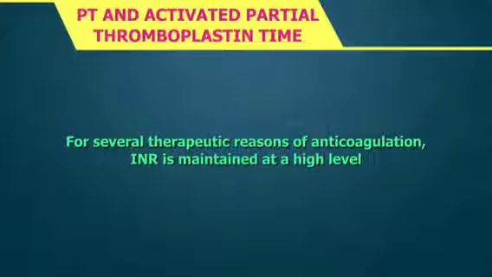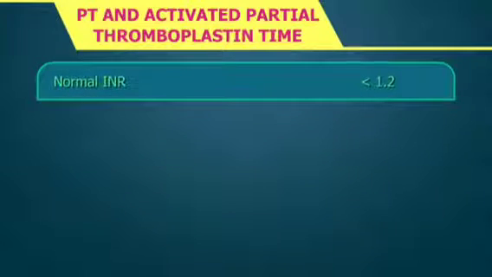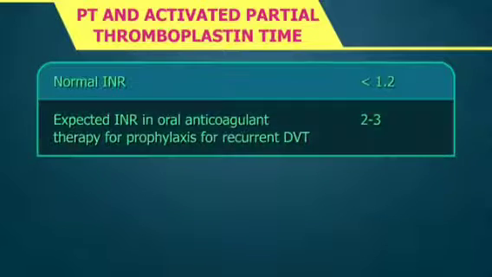For several therapeutic reasons of anticoagulation, INR is maintained at a high level. For example, normal INR is less than 1.2. Expected INR in oral anticoagulant therapy for prophylaxis for recurrent DVT is 2 to 3.